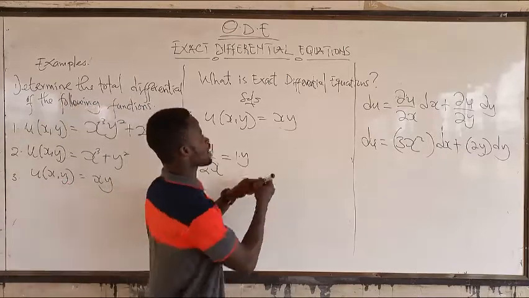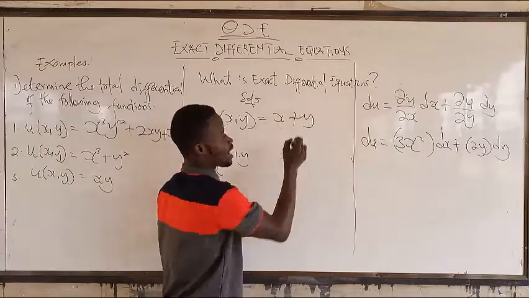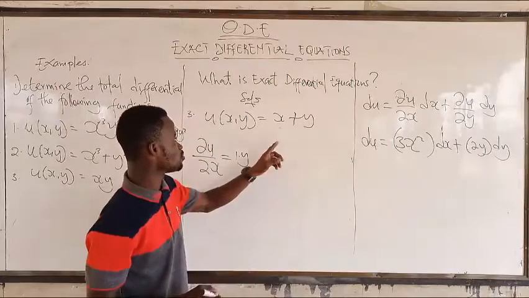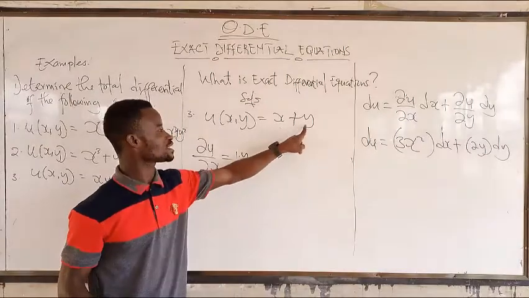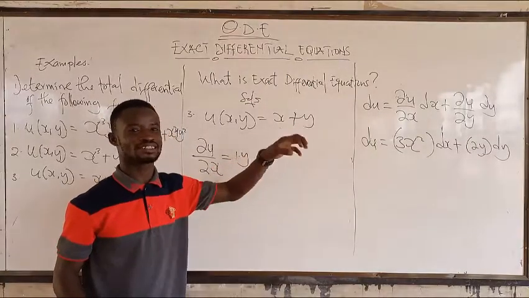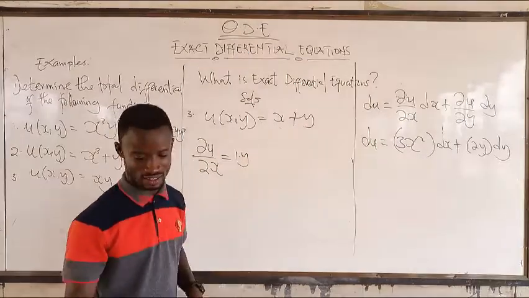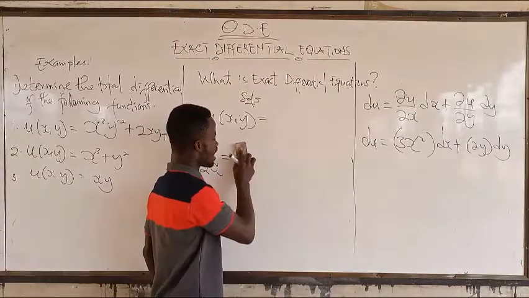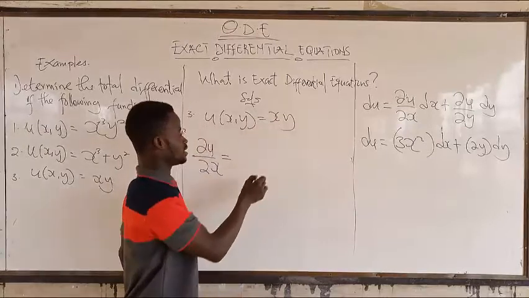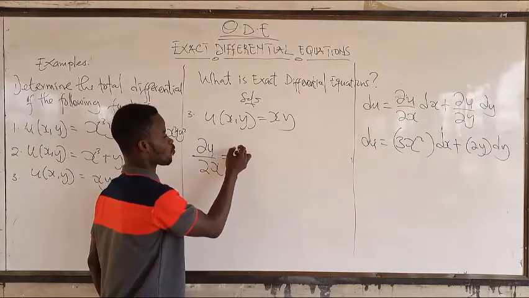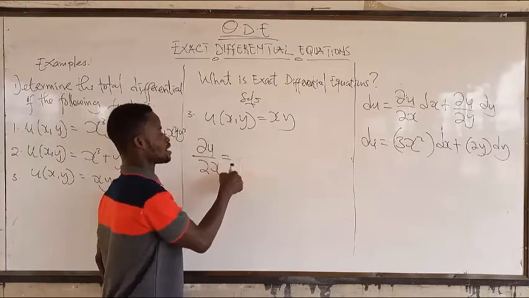This is not plus y. For that matter, you would say 1 plus 0, because this is a constant, so when you differentiate, you get 0. But in this case, the x and the y is joined. So x, y. So here you just get 1 times y.